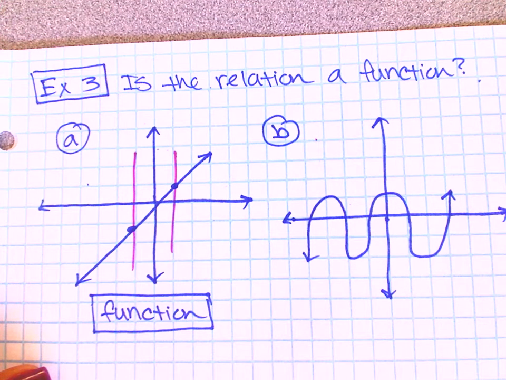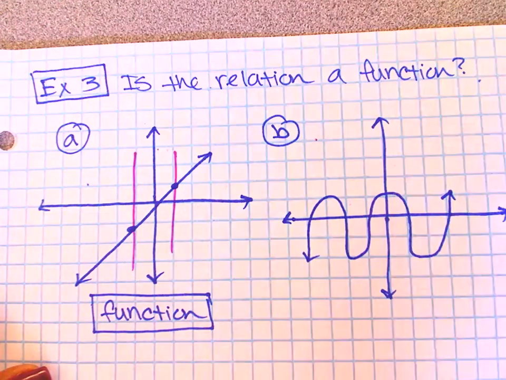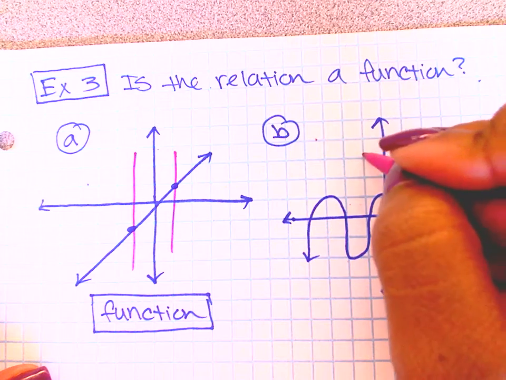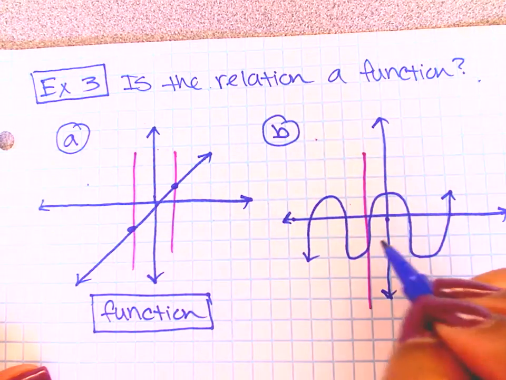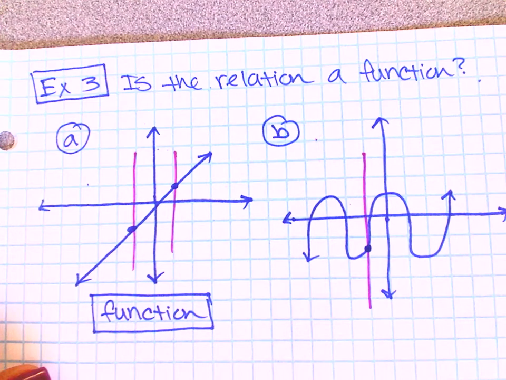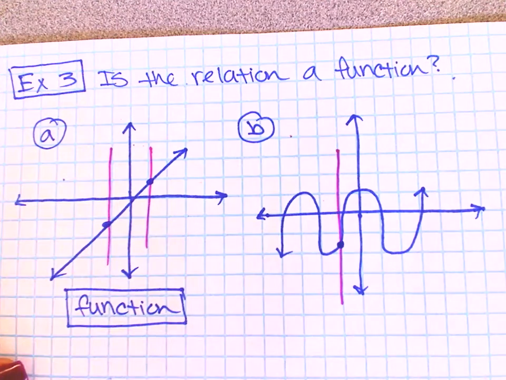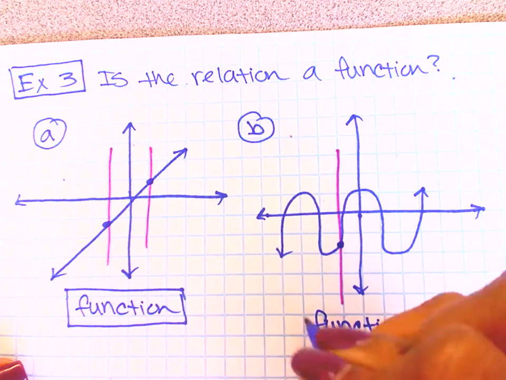Try to make it as precise as possible. Now again, all I have to do is draw one line. So I can pick anywhere. I'm going to pick here. That only touches a point right here. If it only goes through one point on the graph, then it's a function. So my answer is yes, function. It's very, very easy.